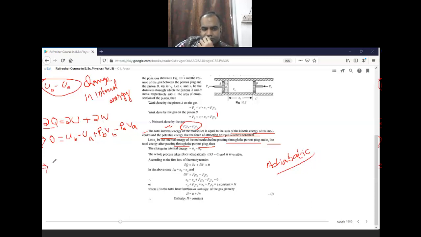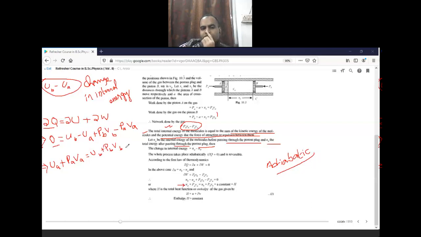So rewrite this equation. All the a quantities we write together first: Ua plus Pa Va equal to, since the process is adiabatic and heat is 0, the b quantities written together: Ub plus Pb Vb.